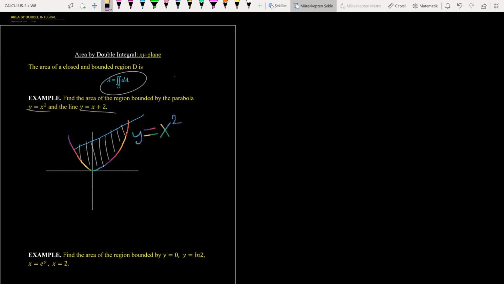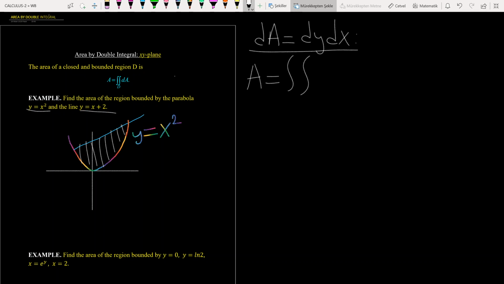So we have the formula of double integral here. I think the important part is to choose the dA. We have two ways to choose the dA. If you say dA is equal to dy dx, for instance, and set up the double integral, the area is equal to, we don't have a function since we compute the area of the region.